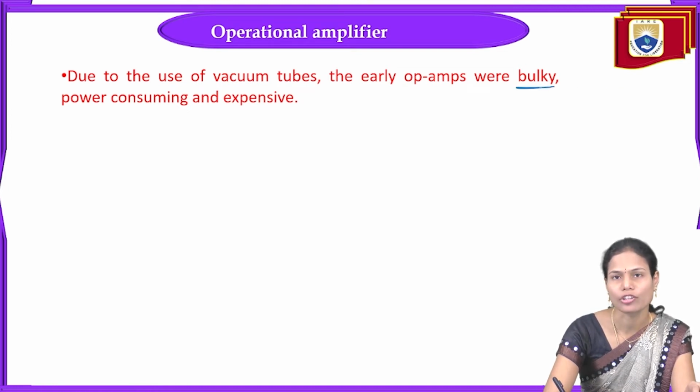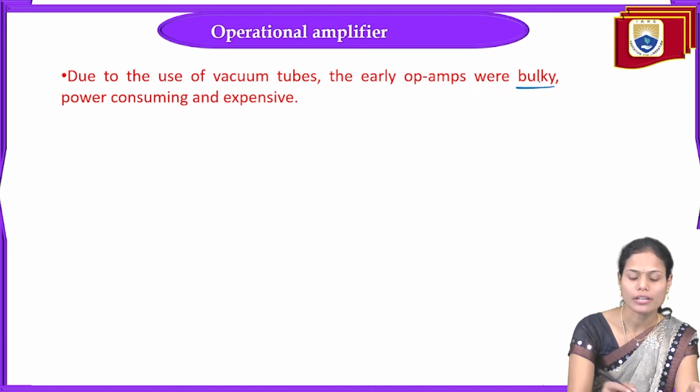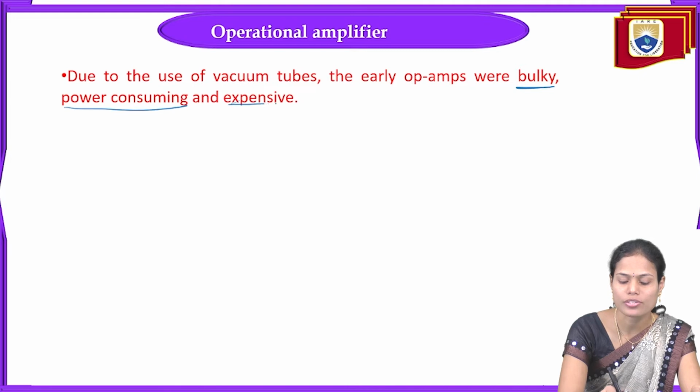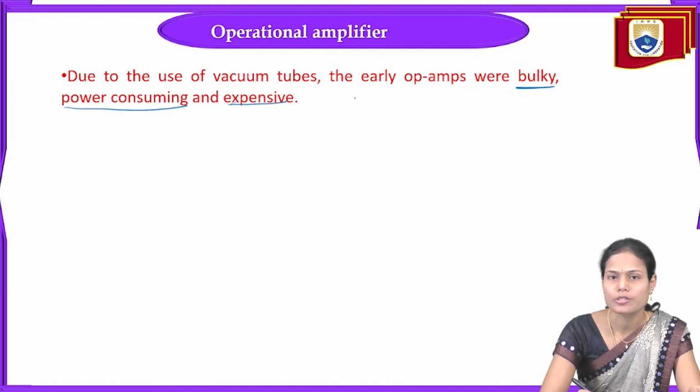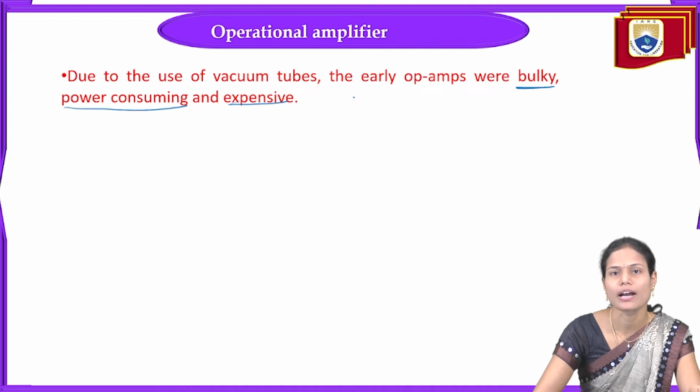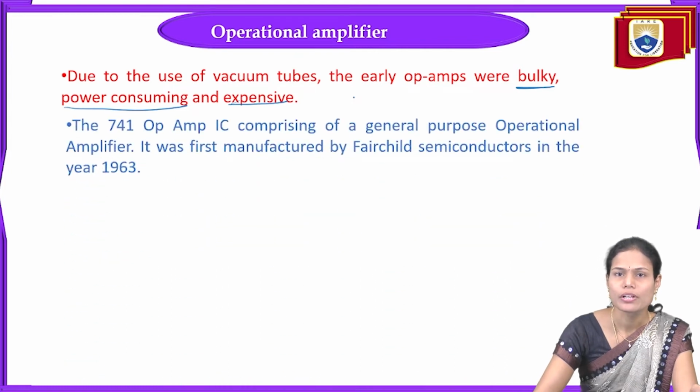The power consumption is also very high, and the cost is very expensive. To overcome that, nowadays we get it in the form of small chips, that is, in IC. The 741 operational amplifier is a general purpose operational amplifier.